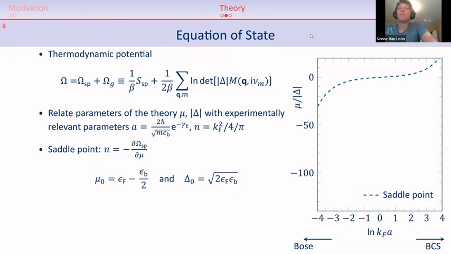And there's usually two ways to do this. The easiest way is to forget about these Gaussian fluctuations and just only use the saddle point result. And in 2 dimensions, this is especially nice to do because you get these nice analytic formulas for the chemical potential and the order parameter in terms of the binding energy and Fermi energy.